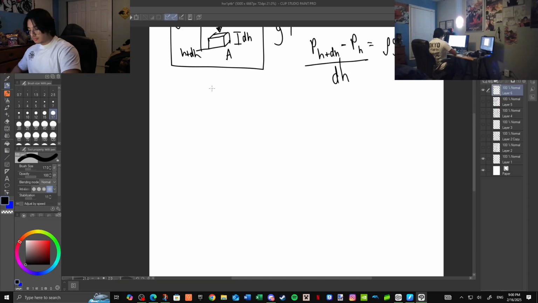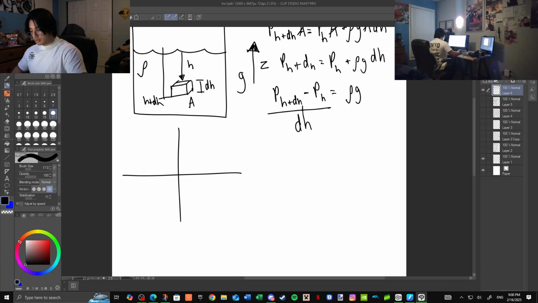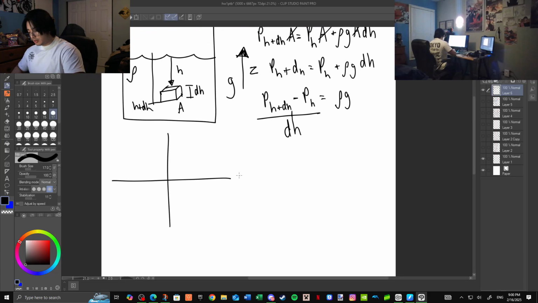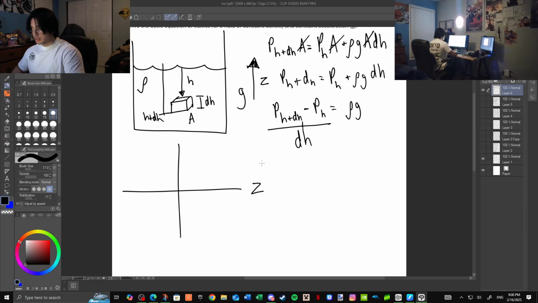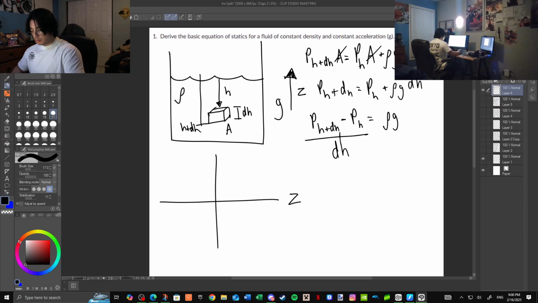And so I'm going to draw a graph to represent this scenario. The x-axis would be the depth we are measuring, and we'll just call that z. The y-axis will be the pressure at whatever depth we're measuring at. Since the origin is 0 and we are going downwards, the heights will be on the left side of this p-axis.